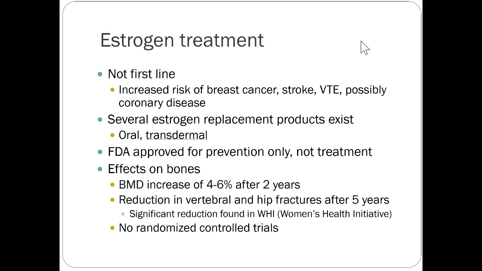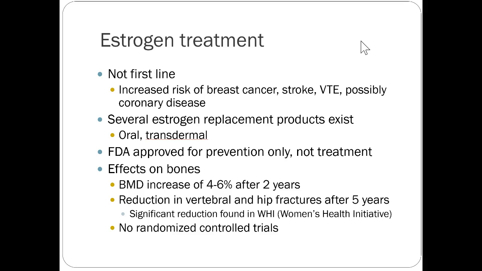Now, if you have somebody who's got menopausal symptoms on board as well, that's where estrogen might make more sense, where you say, well, let's give them some estrogen because it'll treat the menopause symptoms, and you're also going to get the added advantage of preventing osteoporosis complications down the road, such as fractures.